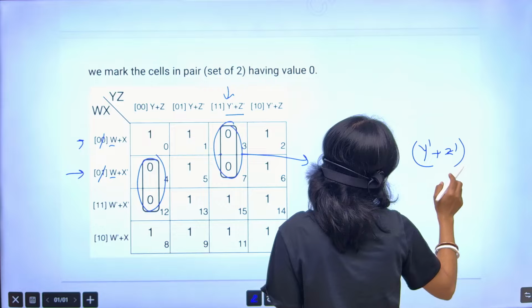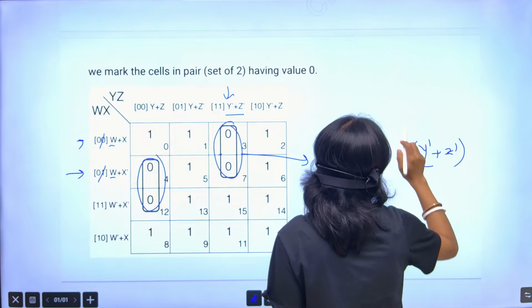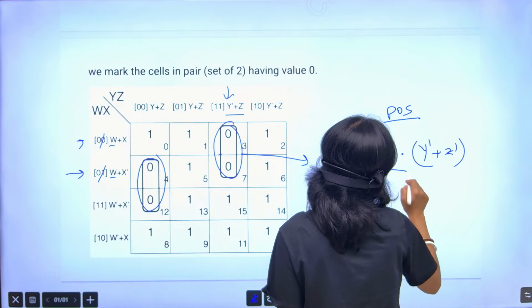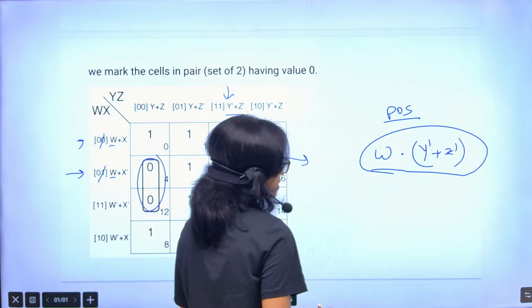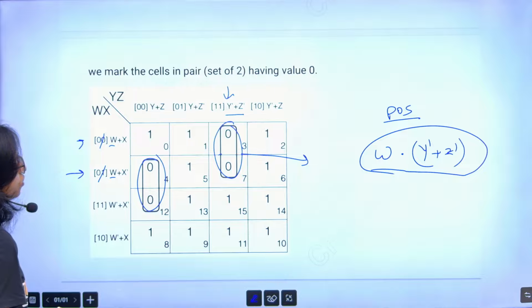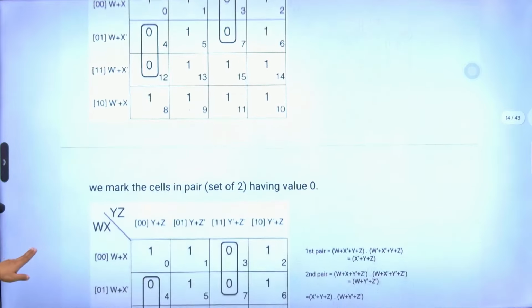So this is W, then it is product of sum, POS. So it will be W dot y bar plus z bar. This is the way you are getting the answer.